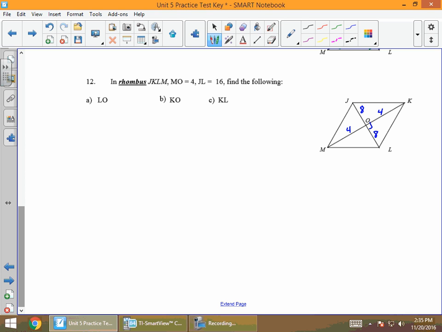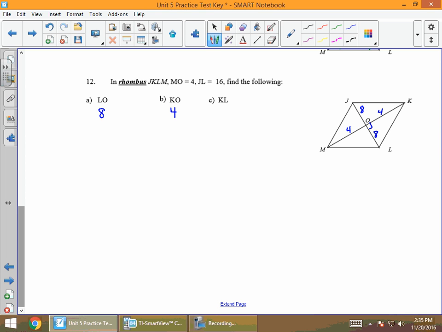I don't know if they're 30, 60, 90. I don't know if they're 45, 45, 90. I don't know any of the other angles other than that 90-degree angle in the middle. So L to O, I can see in my picture, is 8. LO has to be the same as OJ. And if JL is 16, then each piece has to be half of that. So half of 16 is 8. KO is going to be the same as MO, so it is also 4.